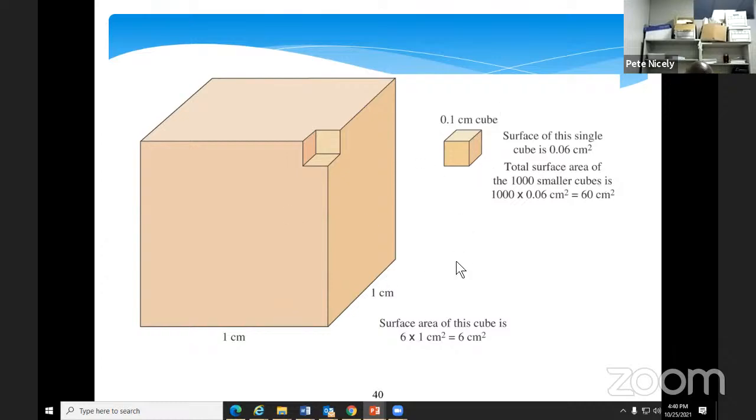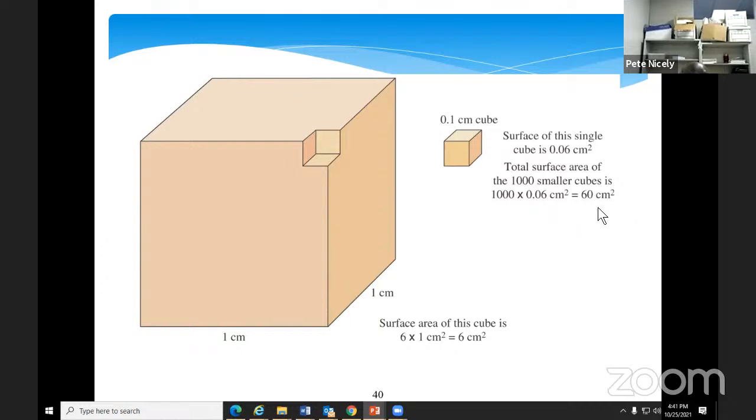And therefore, the surface area for each cube will be 6 times 0.01 centimeter squared. So the total surface area will be 0.06 centimeters squared. And you're going to have 1,000 of these, so it's going to be 1,000 times 0.06 centimeters squared, which is equal to 60 centimeters squared.